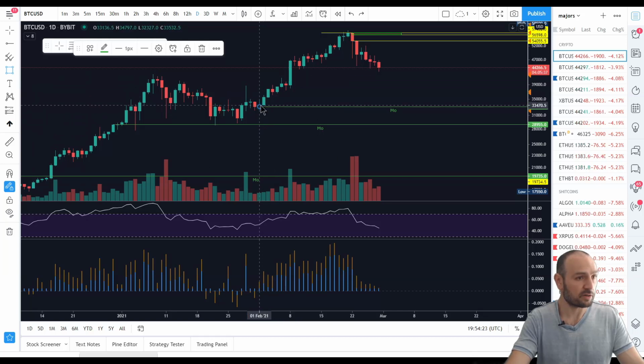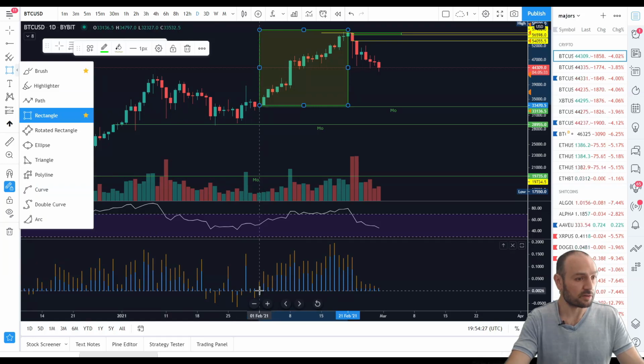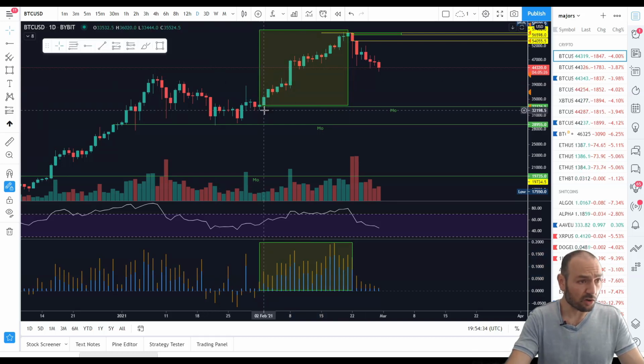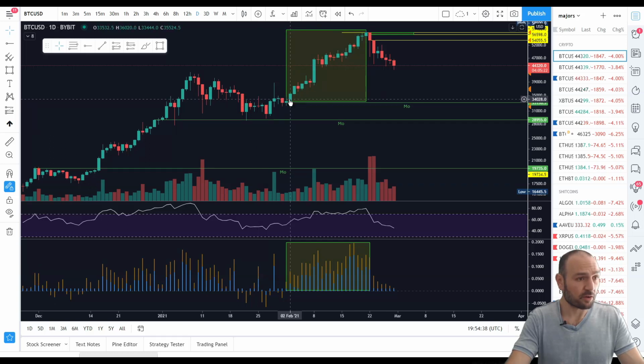So from here to here, and from here to here, basically, funding was crazy. If you were long on Bitcoin with leverage, then you were paying almost 1% a day to be in that long. That's how crazy this funding is.